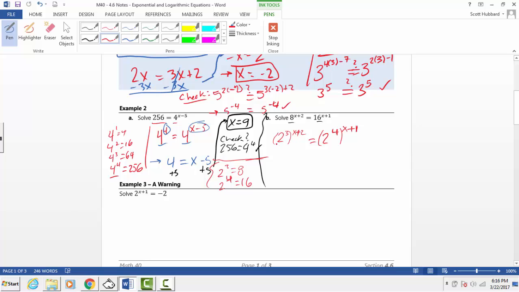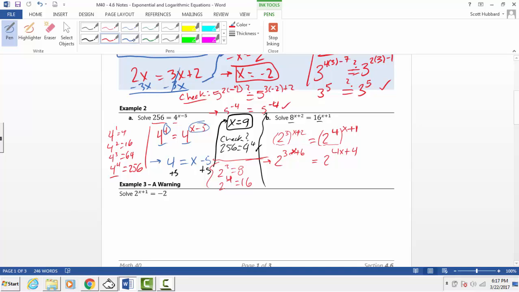Okay? Because this is 8, this is 16, you can go ahead and distribute that, and you'll get 2 to the 3x plus 6 is going to equal 2 to the 4x plus 4. Remember, that's how exponents work. If you have an exponent to an exponent, you just multiply.